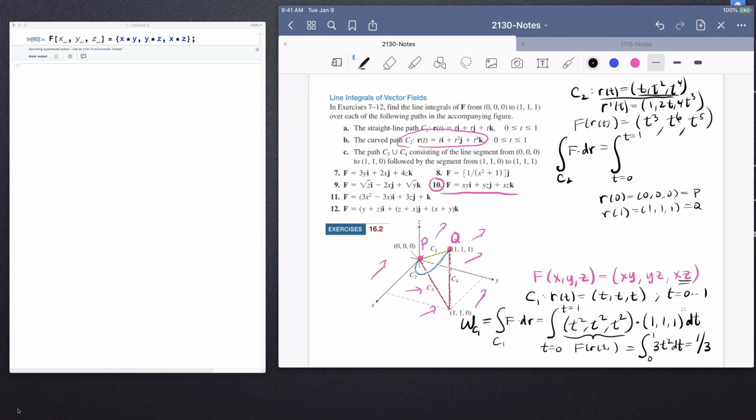So if we take the vector field along the curve and dot product it with the direction vector of the line, we'll get t cubed plus 2t to the seventh plus 4t to the eighth, and dt. And that should be a nice easy integral to work out.